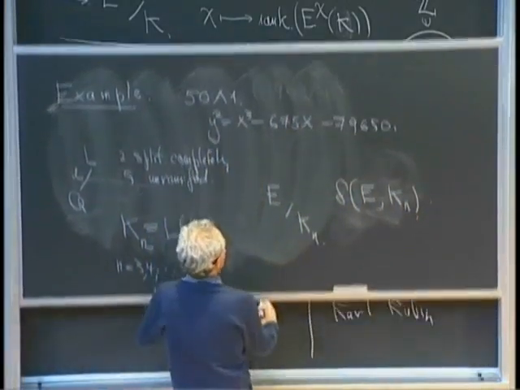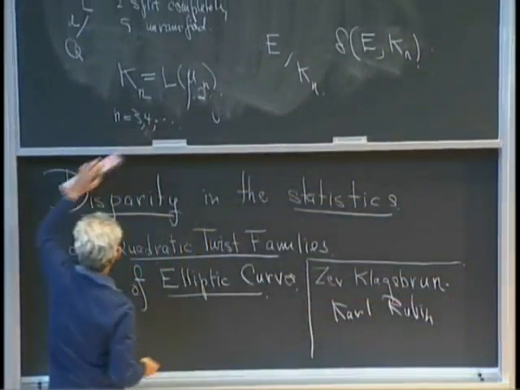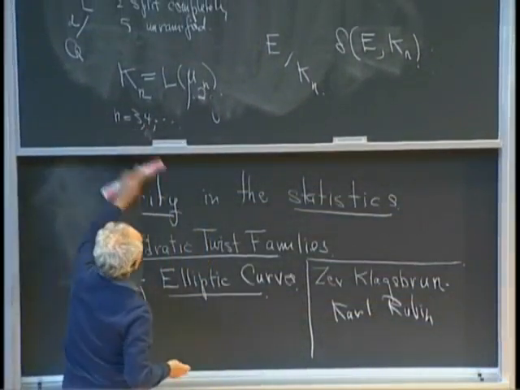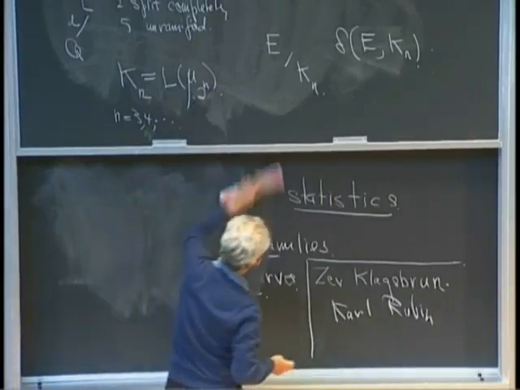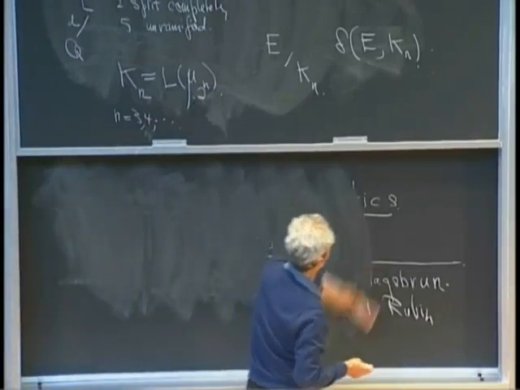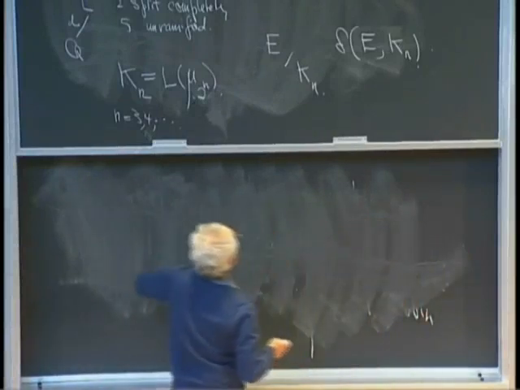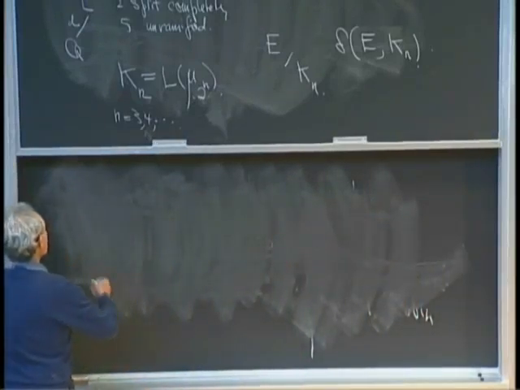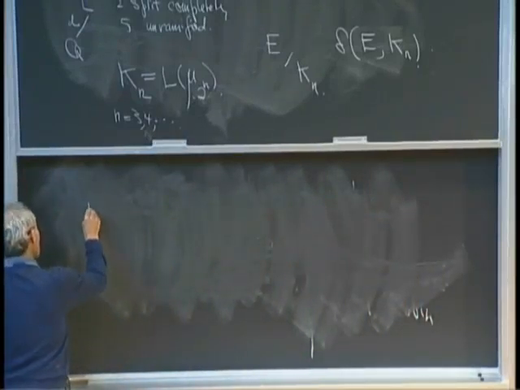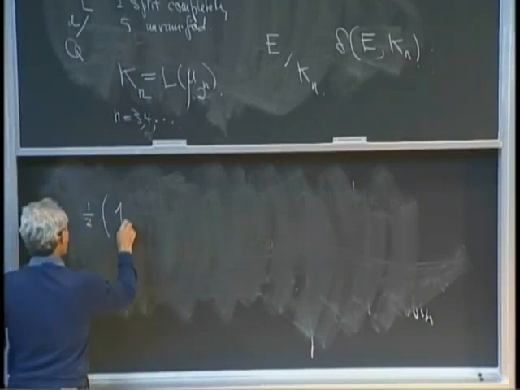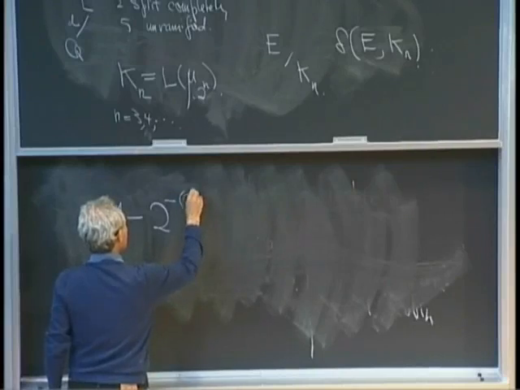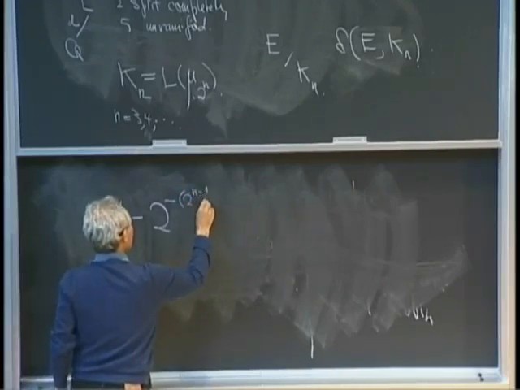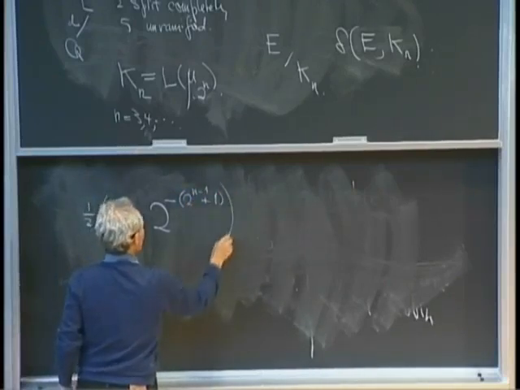And the answer is the following: 1/2 times (1 minus 2 to the minus (2^(n-1) plus 1)) all to the d.